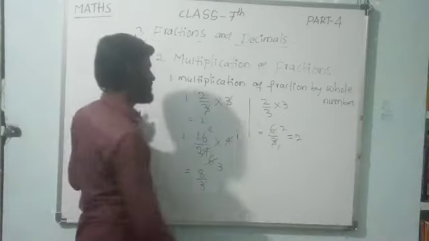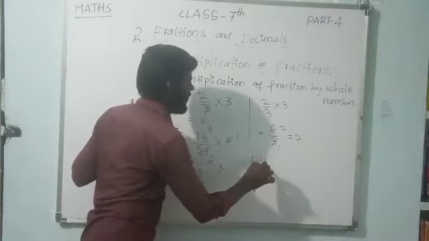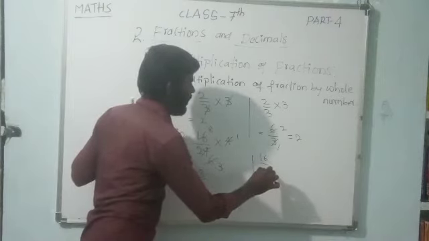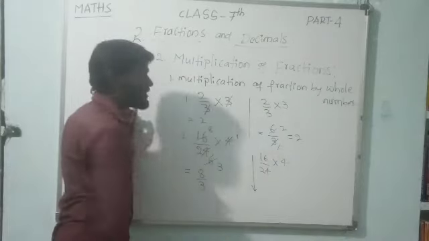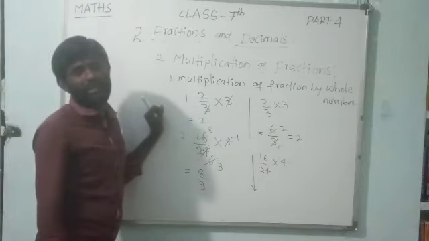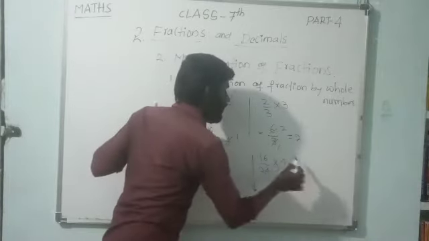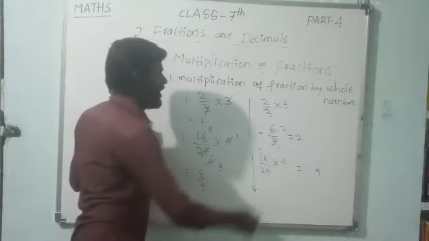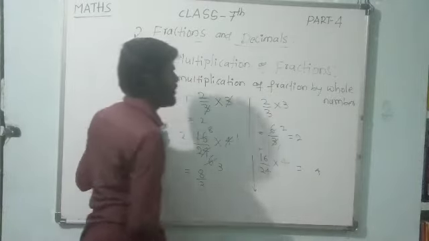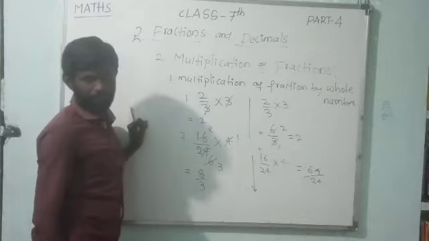In another method, let us see. 16 by 24 into 4. 16 4s are 64. 4 6s are 24, 2 carry for the next number. 4 1s are 4, 4 plus 2 is 6. 64 divided by 24.